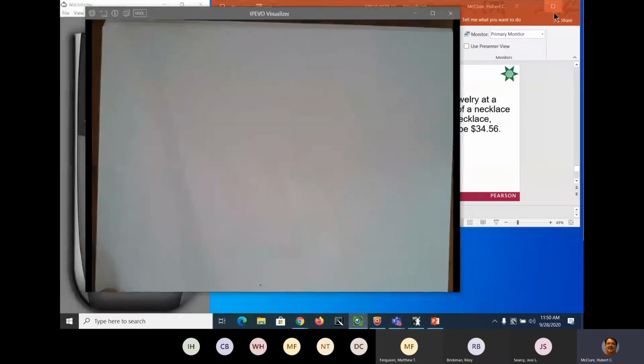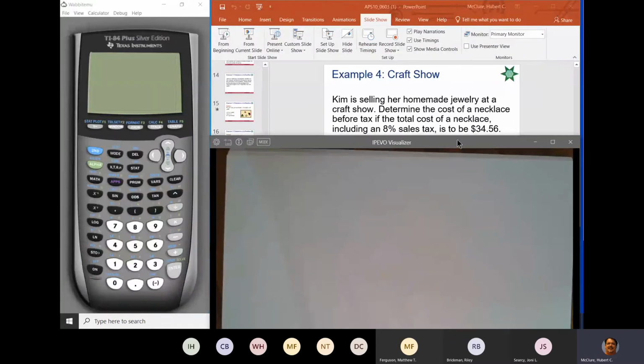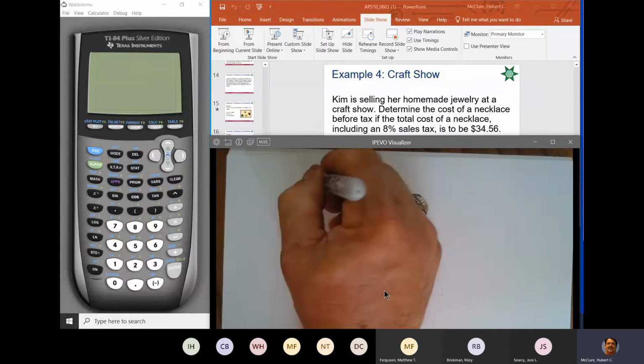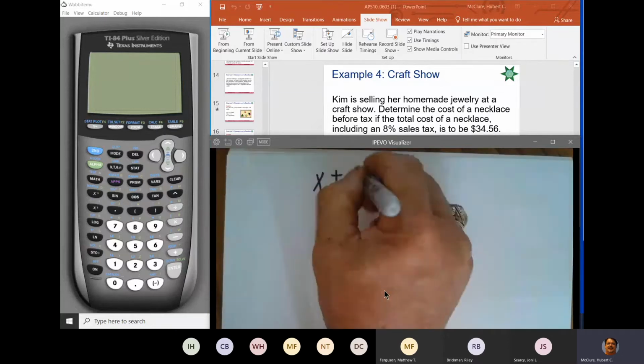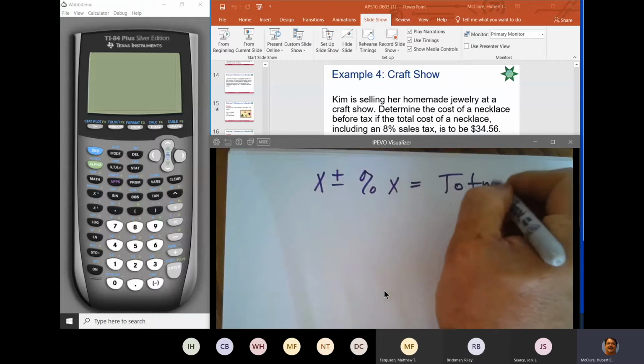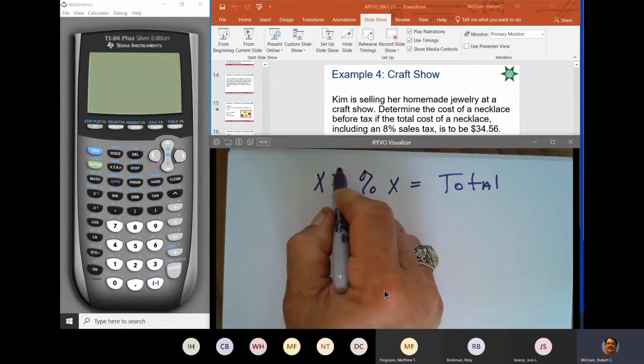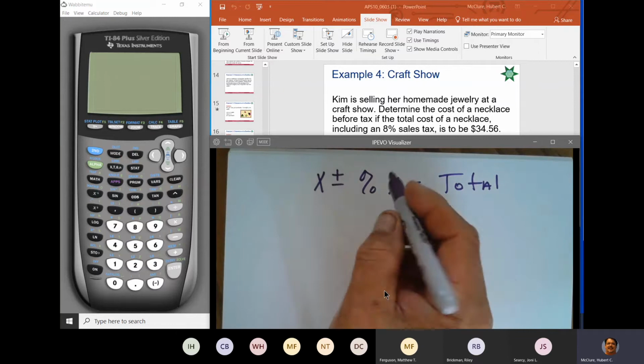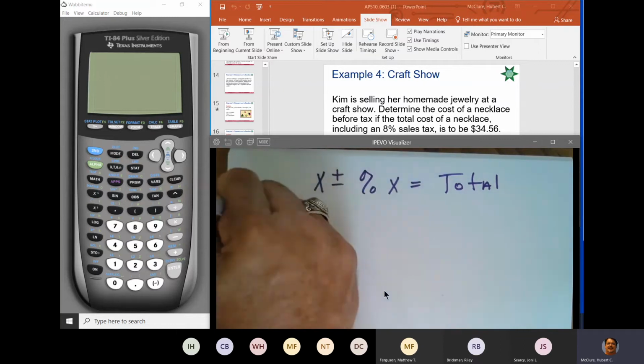X plus or minus percentage X is equal to the total. I'm just going to write it at the top. I told you that addition is taxes and tips. Remember me telling you that?